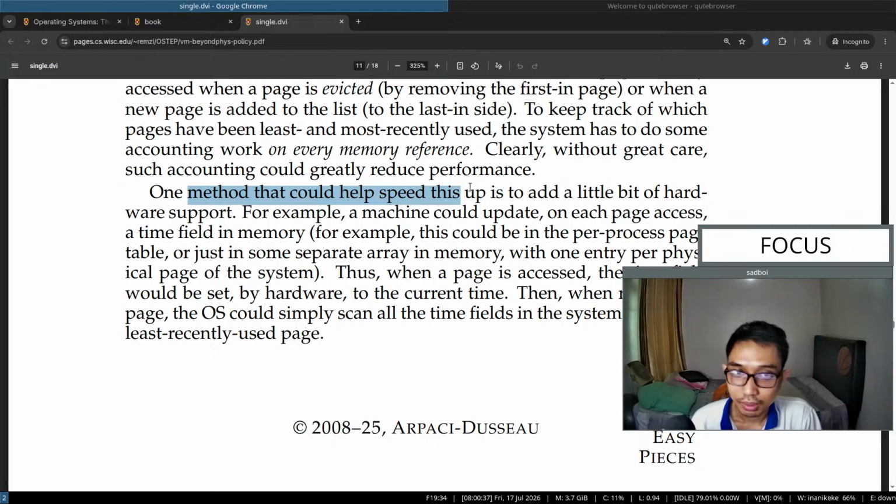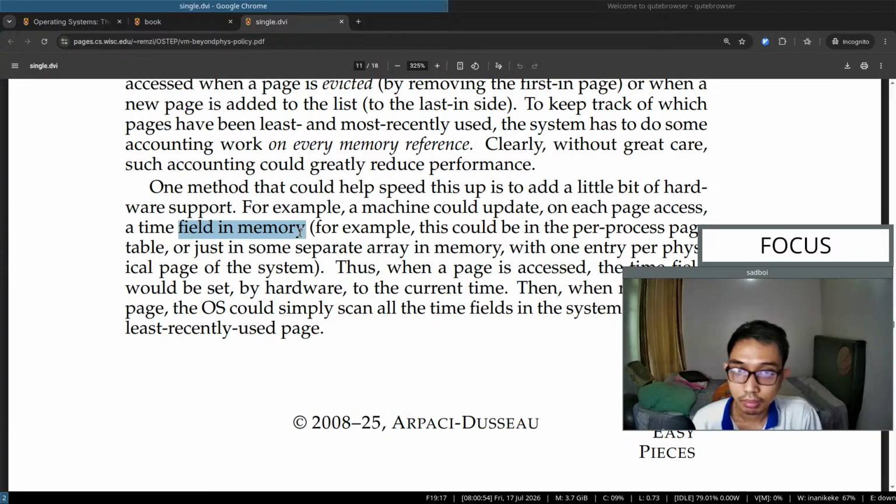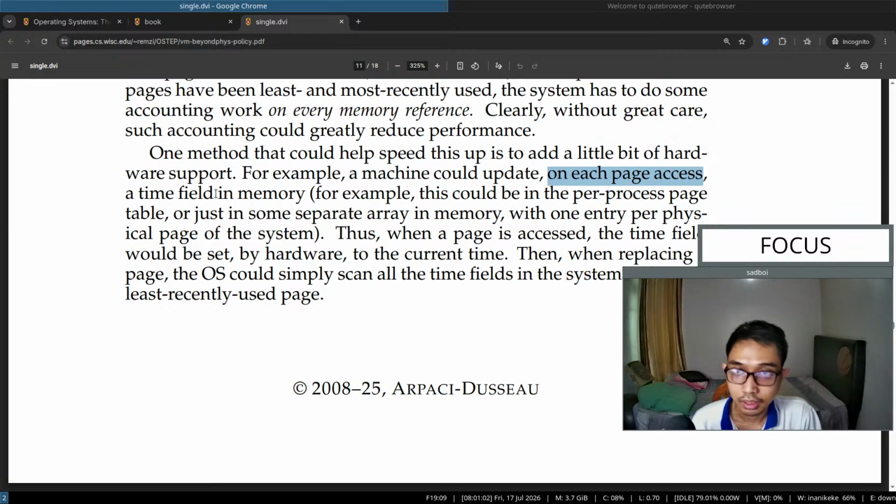For example, a machine could update, on each page access, a time field in memory. For example, this could be in the per-process page table or just in some separate array in memory.